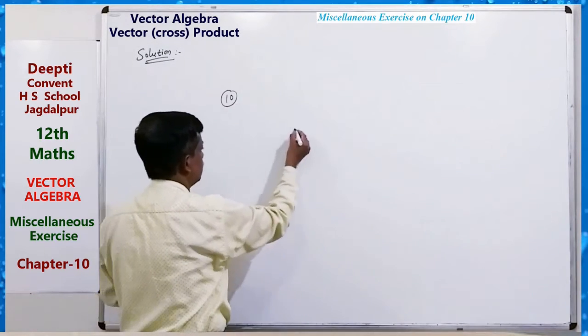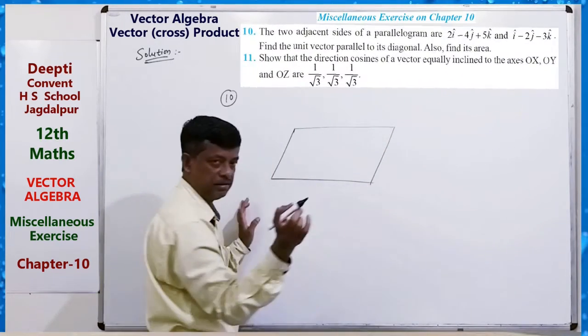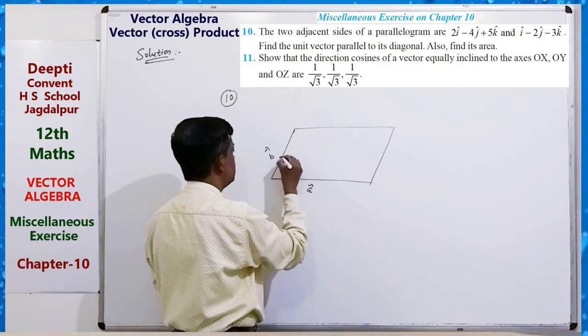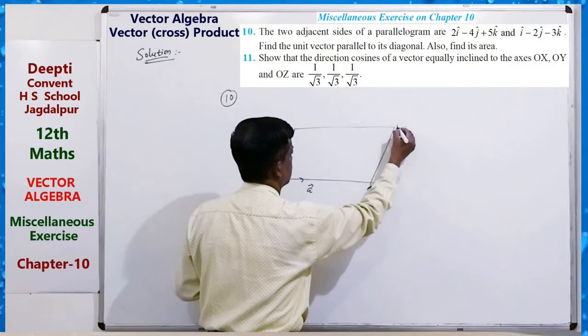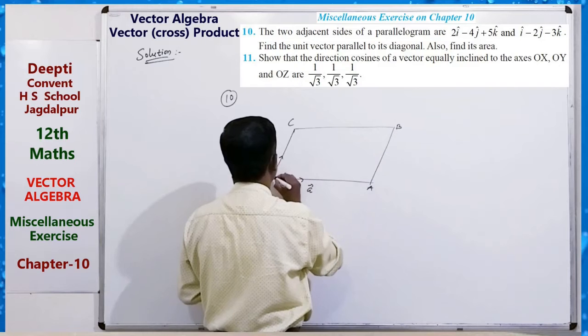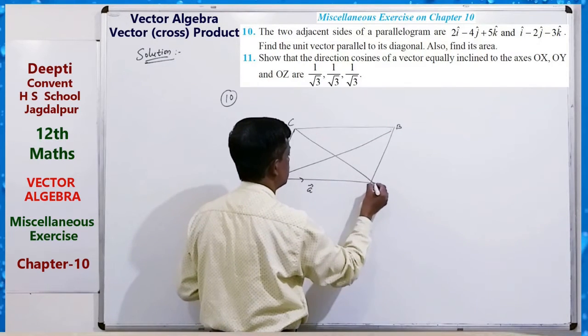Suppose this is a parallelogram in a plane. This is vector A and this is vector B. See, this is a diagonal. This is a diagonal. Also this is a diagonal.